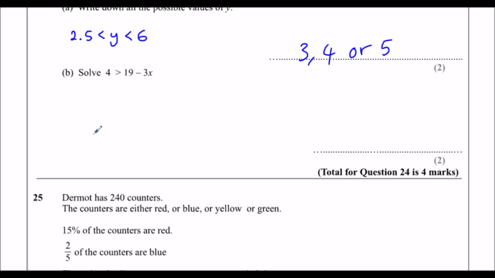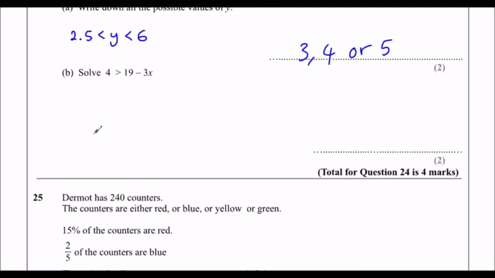Part B. Solve 4 is bigger than 19 minus 3x. When we solve inequalities, there's only one difference between solving inequalities and solving equations, and that is if we multiply or divide by a negative, the sign will flip over.